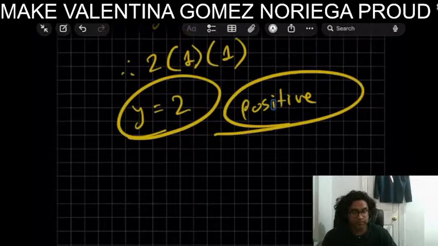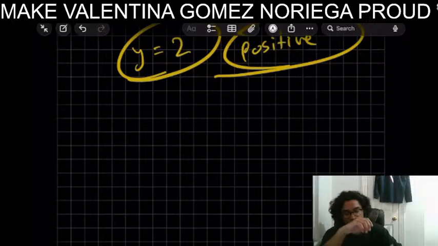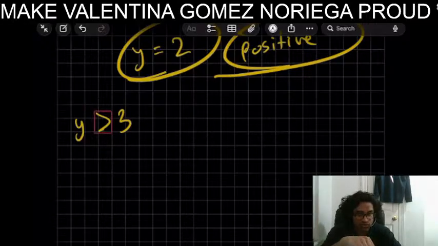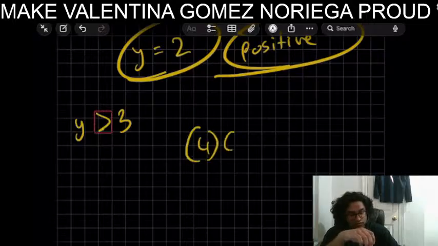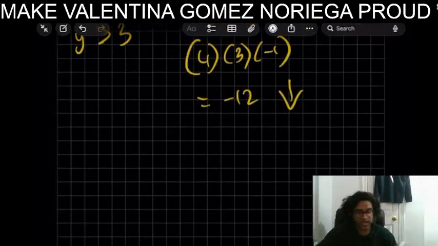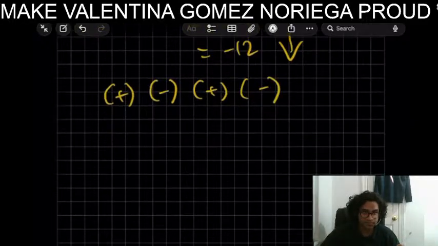So we have a positive, we have a negative, we have a positive. And then obviously you'll also have y greater than 3. Taking y equal to 4, I'm going to have 3, I'm going to have minus 1, so that is minus 12, so that is negative. So what I have is a plus, a minus, a plus, a minus.